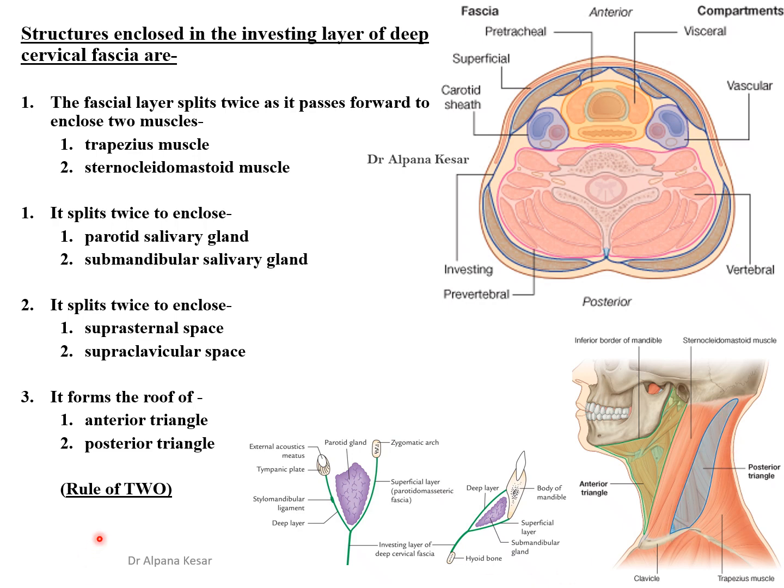This is also called the rule of two for the investing layer of deep cervical fascia, that is, it splits to enclose two muscles, it splits again to enclose two glands, splits the third time to enclose two spaces, and then forms the roof of two triangles.